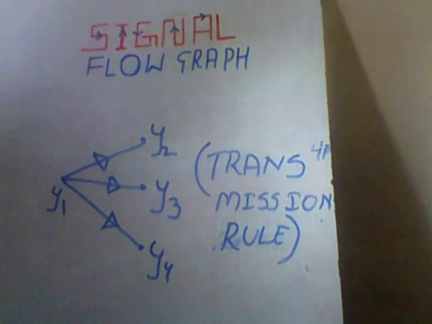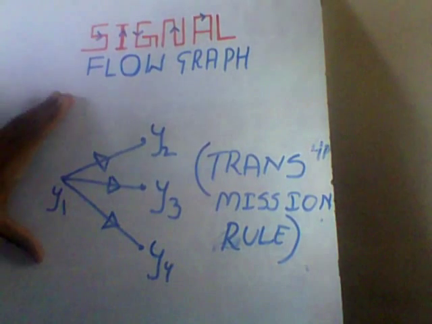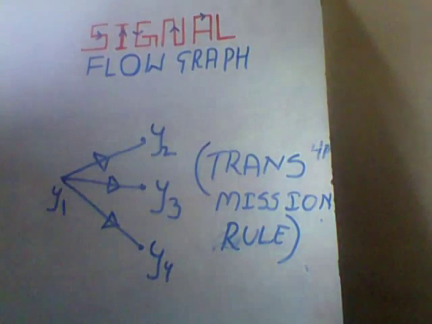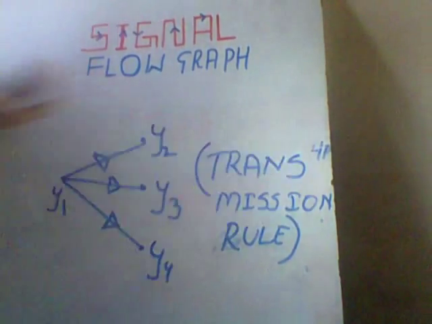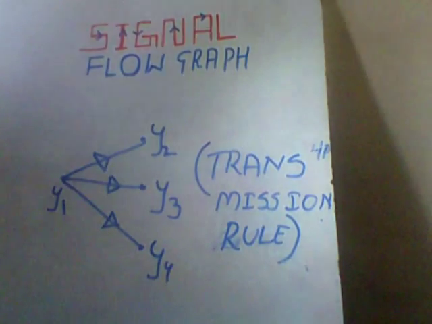And this transmission rule represents the single node to many. The additional rule represents many to one and the transmission rule represents single to many transmission. I hope you understood the basic construction of signal flow graph.